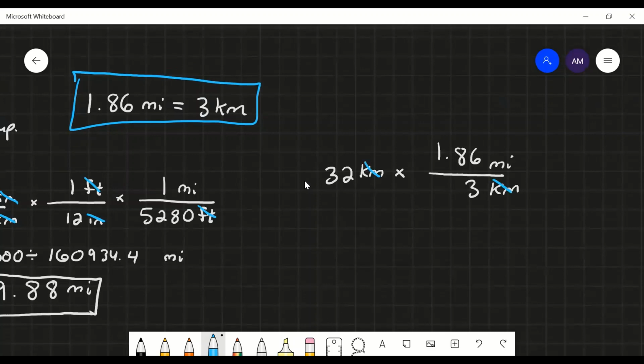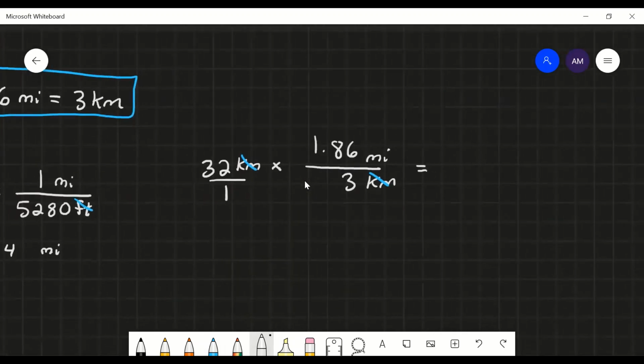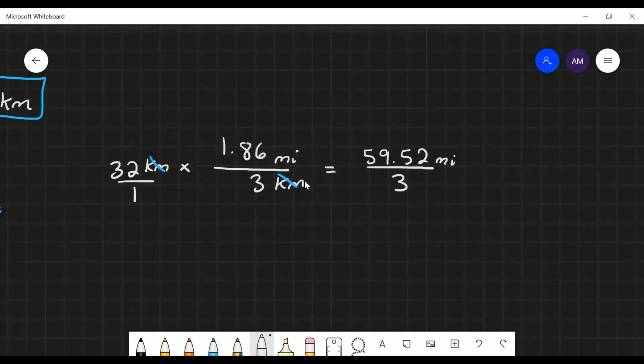The kilometers will cancel. 32 times 1.86 is 59.52 miles, divided by 1 times 3 is 3. We get 19.84 miles. So it's pretty close.